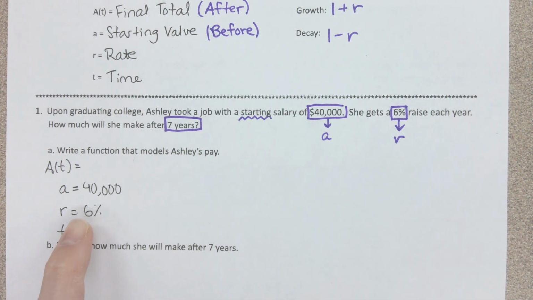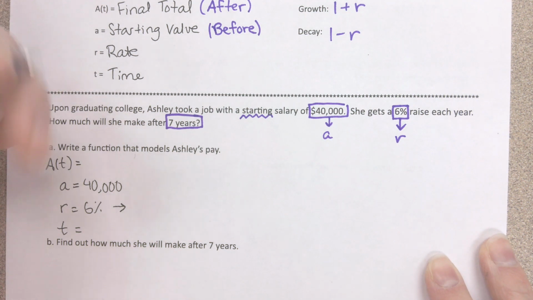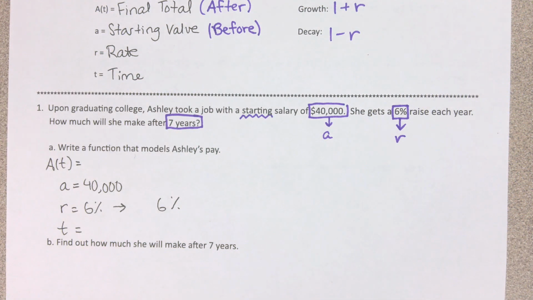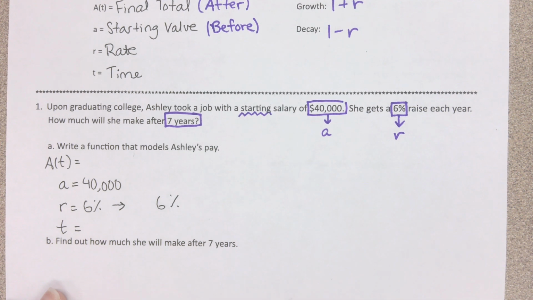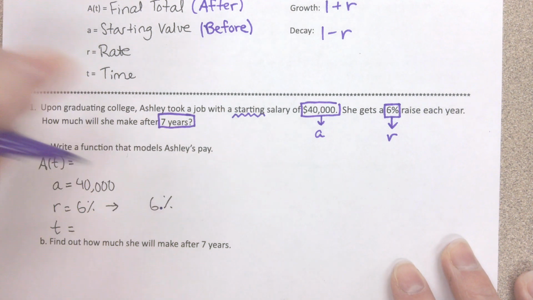And we can't ever plug a percent straight into a formula. We have to use the decimal version of that percentage. So I'm going to show the work on the first one. How do we go about turning that into a decimal? We put a decimal if there already isn't one.